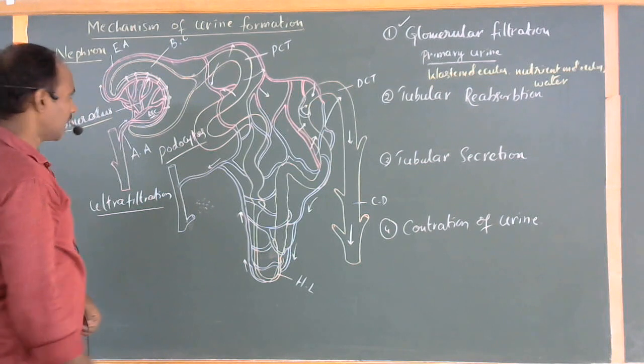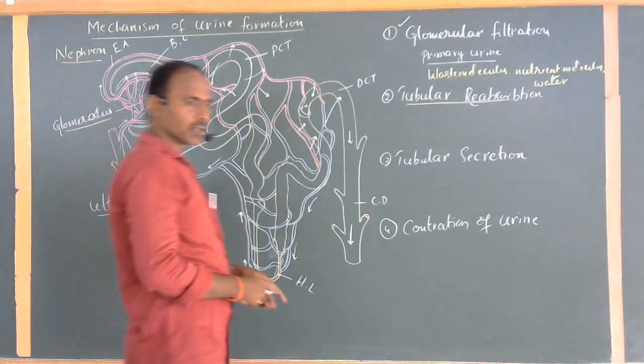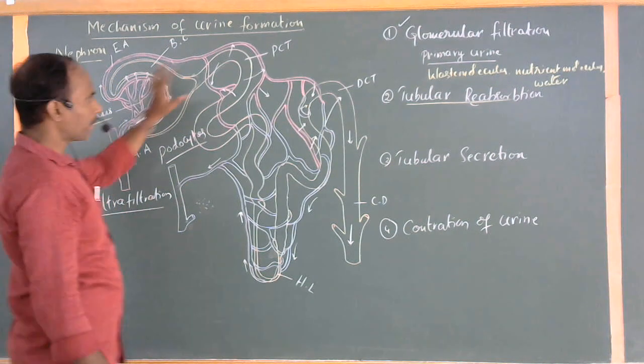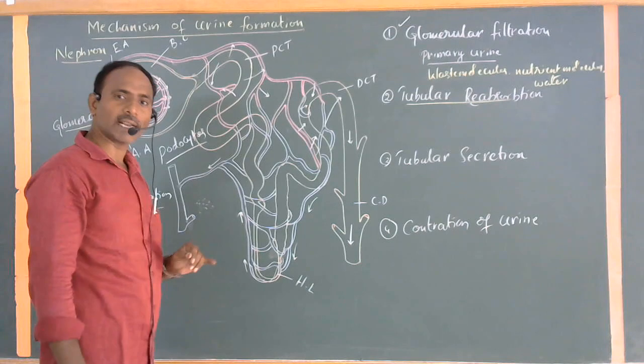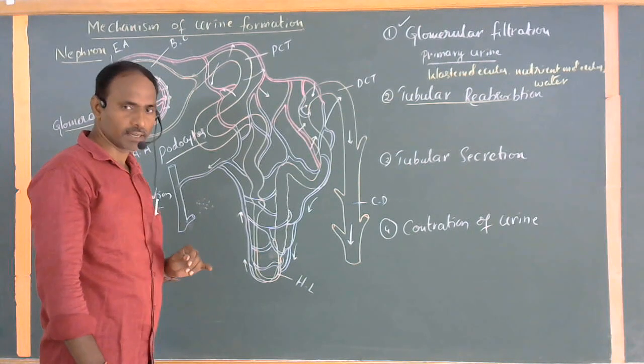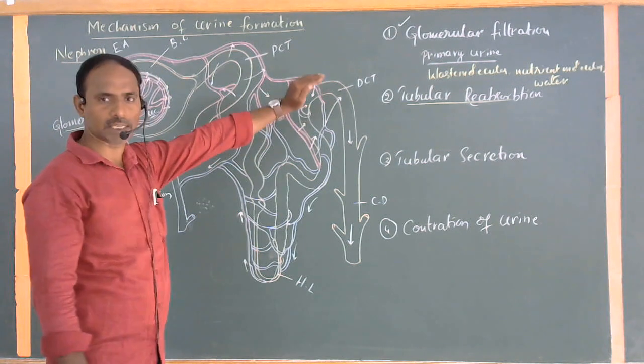Clear? The second one is tubular reabsorption. How does it take place? The entire part of the renal tubules is completely surrounded by the peritubular capillary network, around the PCT, Henle's loop, and the DCT also.